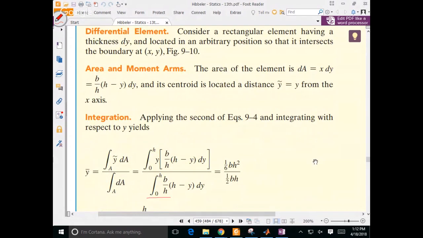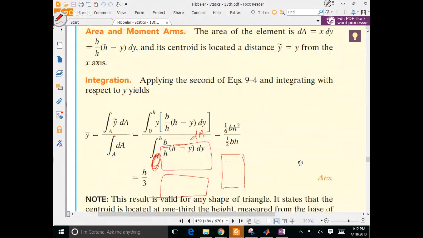If you did the same thing on the bottom, here's your D area, there's your D area. Those are both the same. The only thing you've got on top that you don't have on the bottom is that. That gives you another y. And so you end up with this, and not too surprisingly, it ends up being h over 3.